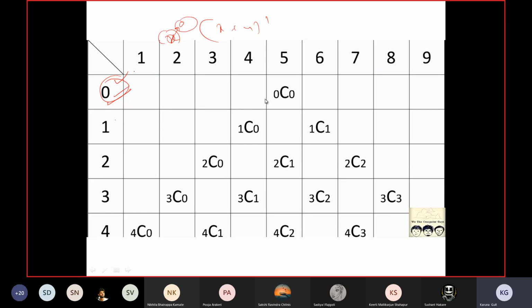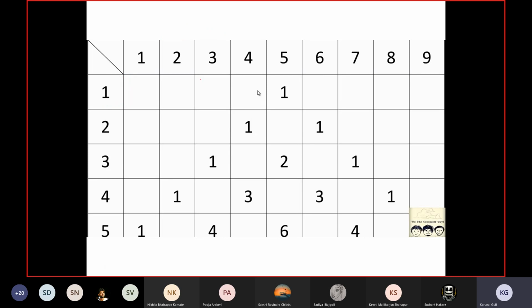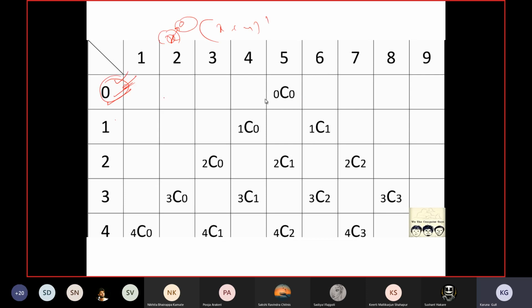Why am I taking this as 0 instead of 1? Because the first value that I am going to get for this Pascal triangle is for the 0th value, that is, the exponent part is 0, not for the 1. Is it okay?